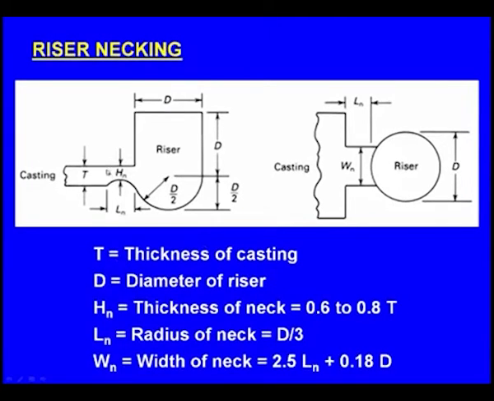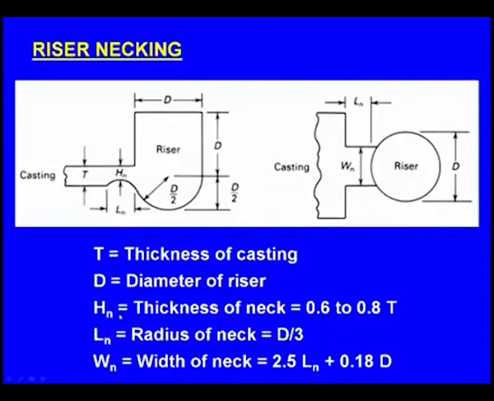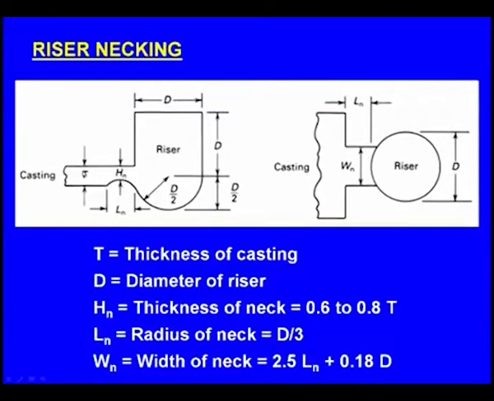Here, T is the thickness of the casting section to be fed by the riser, and D is the diameter of the riser. HN is the thickness of the neck, that is equal to 0.6 to 0.8 times the thickness of the casting section to be fed.